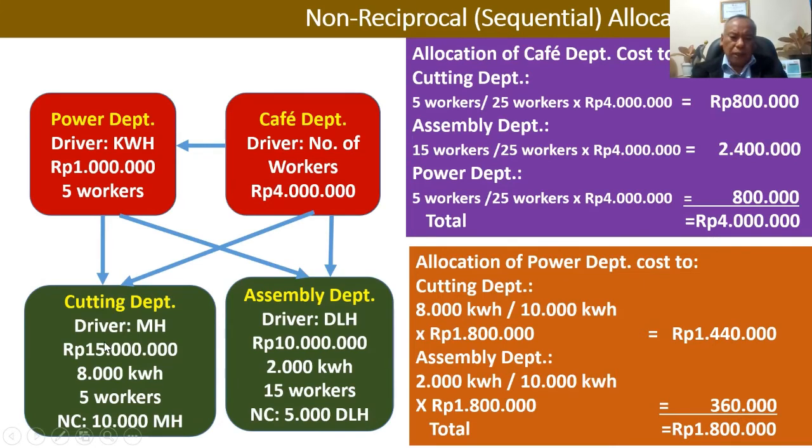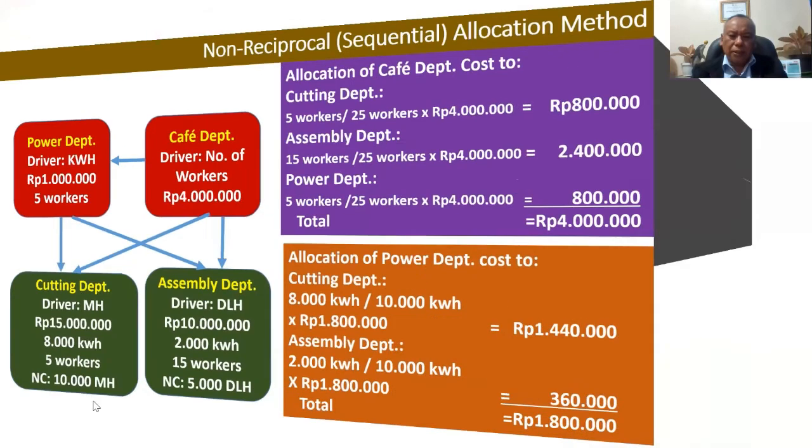Next, after we allocate the service department costs to the producing departments, we can calculate the factory overhead rate for the producing departments by dividing the budgeted factory overhead costs for each producing department by the normal capacity. We can make a table like this.